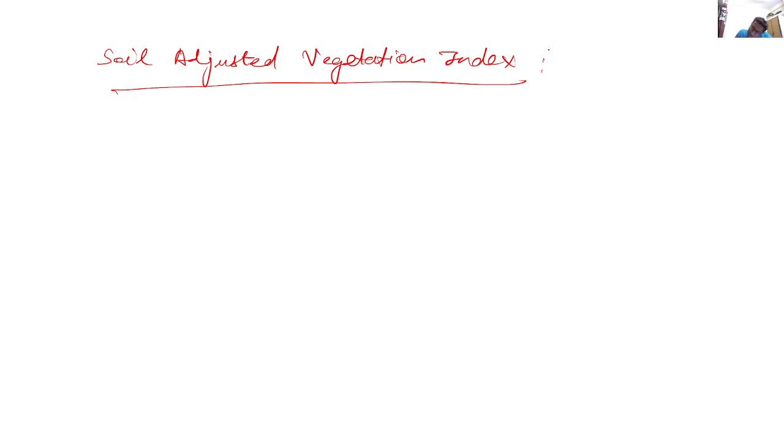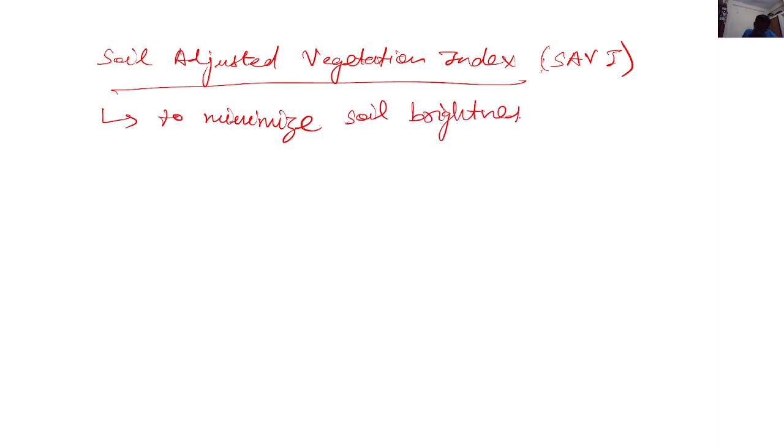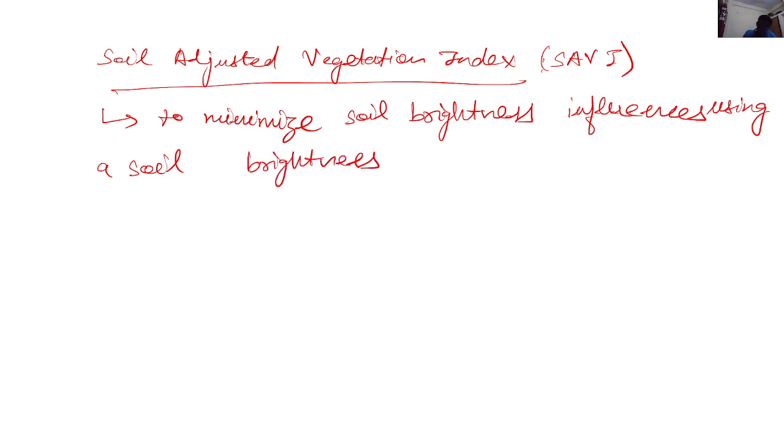In order to counter that, another vegetation index has been defined, known as the soil adjusted vegetation index, or SAVI. It is used to minimize soil brightness influences on reflectance, in very simple terms, using a soil brightness correction factor.